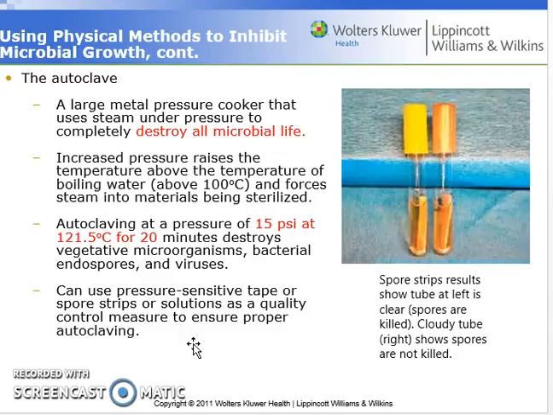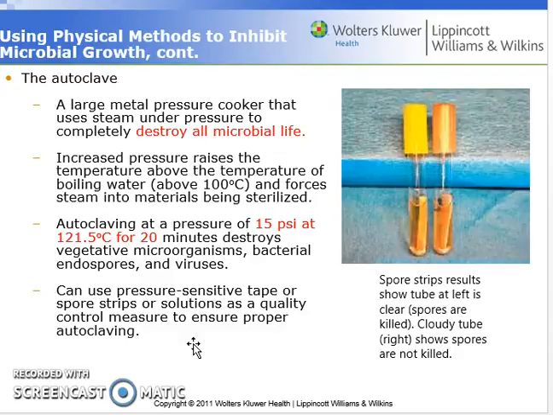And as that water starts to boil, it's going to generate steam, and the steam is the key factor that causes lysing of bacterial cells. So again, the autoclave will work at a pressure of 15 psi, and you want to operate at a temperature of 121.5 degrees Celsius for 20 minutes. In doing so, you'll be able to destroy microorganisms, bacterial endospores, as well as viruses.